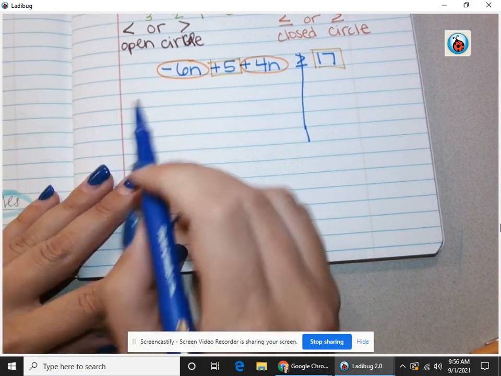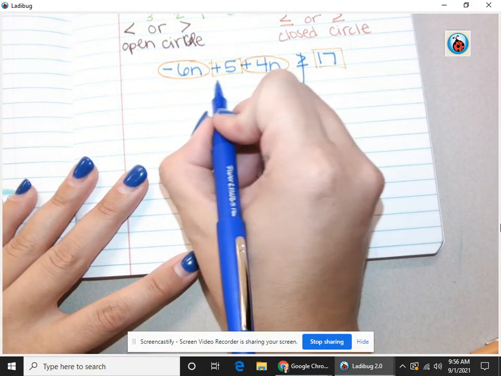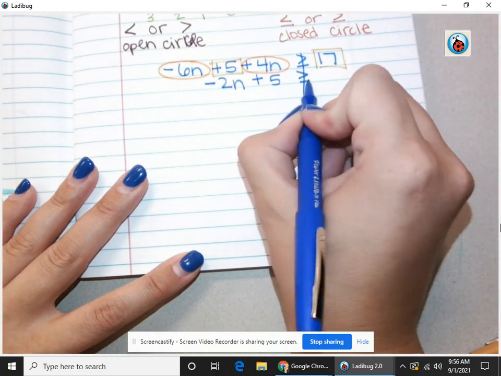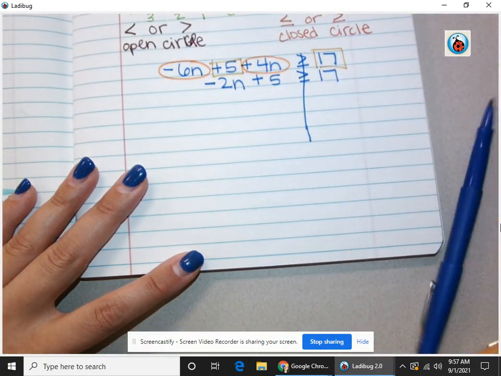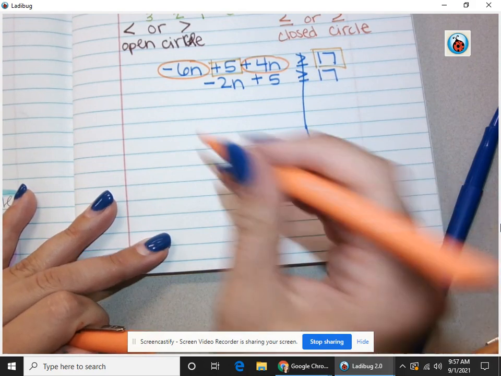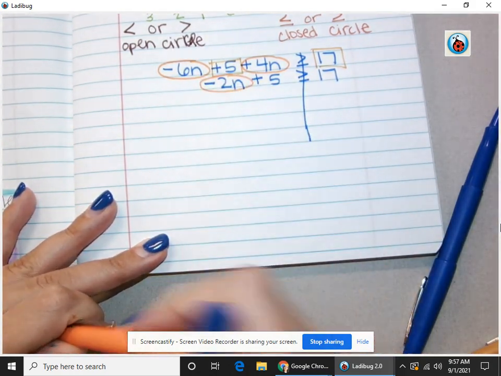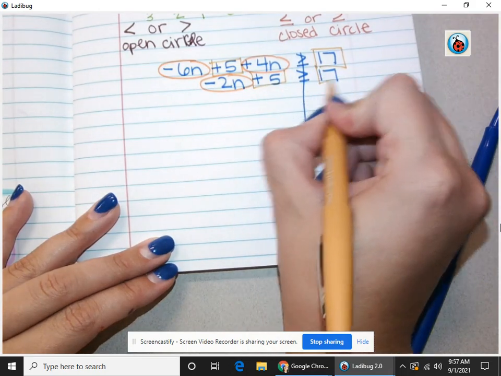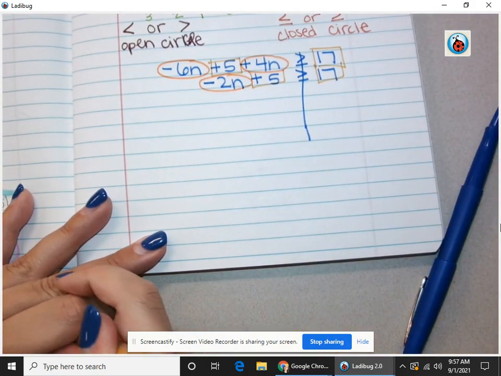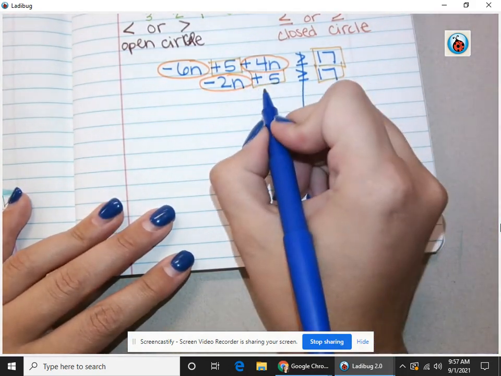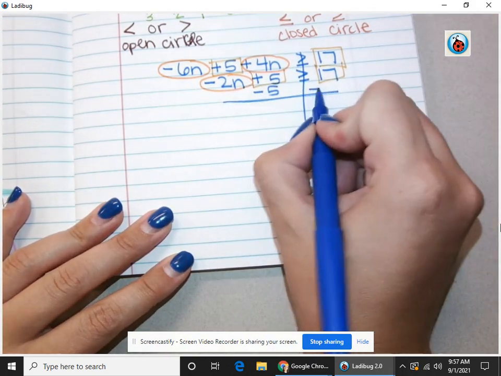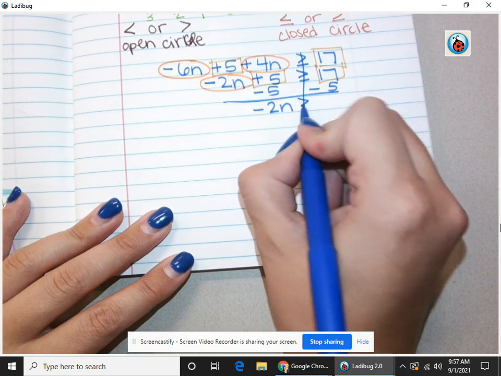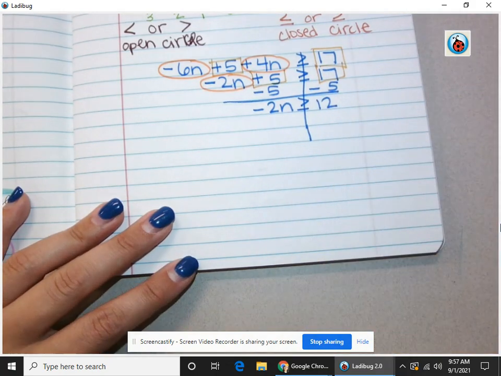So negative 6n plus 4n is negative 2n, bring down my plus sign, is greater than or equal to 17. And now what do I need to do? I subtract my 5. So I get negative 2n is greater than or equal to 12.